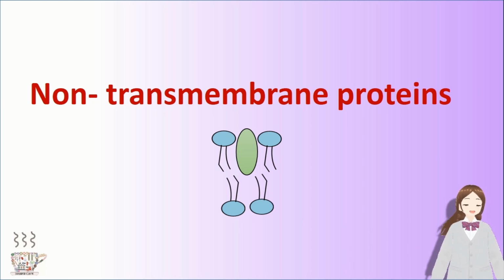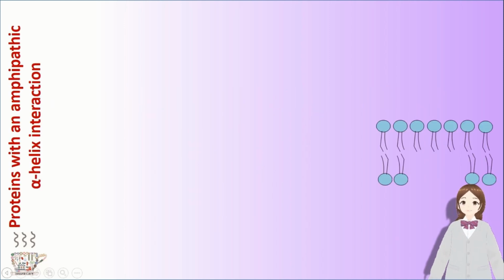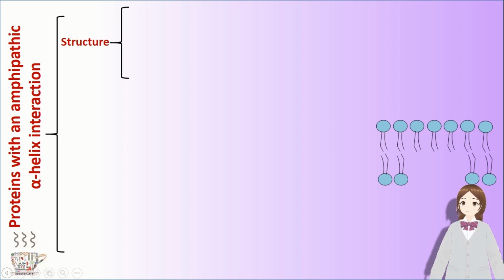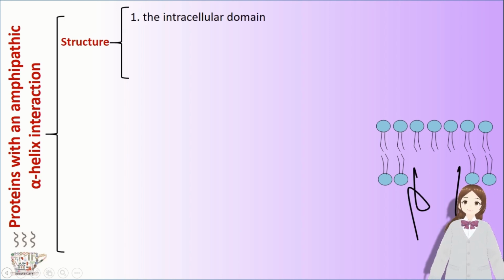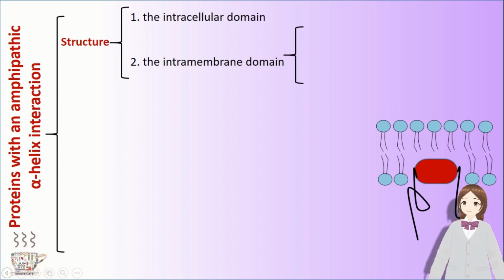Non-transmembrane proteins are another type of integral protein. They don't span the cell membrane. They can be classified into two subgroups. Proteins with an amphipathic alpha helix interaction. This non-transmembrane protein is anchored to the cytosolic surface by an amphipathic alpha helix. It has two domains in its structure, the intracellular domain and the intramembrane domain, that partitions into the cytosolic monolayer of the lipid bilayer.